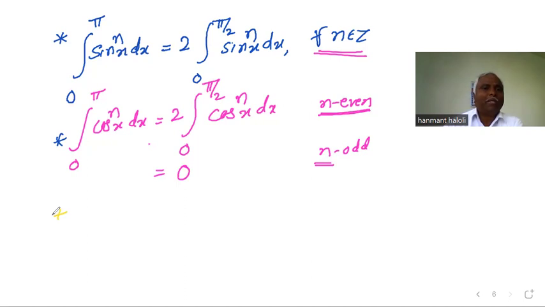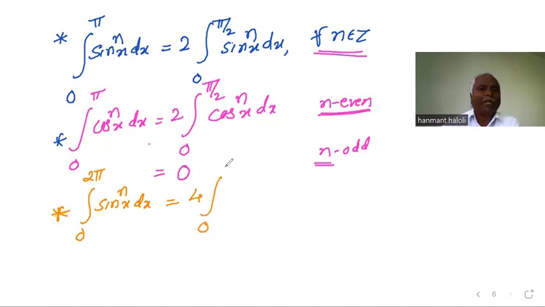Now limits, in place of pi, I'll take here limits 0 to 2 pi. Now the integral of sine raised to n, x dx can be written as 4 times integral 0 to pi by 2 sine raised to n, x dx.